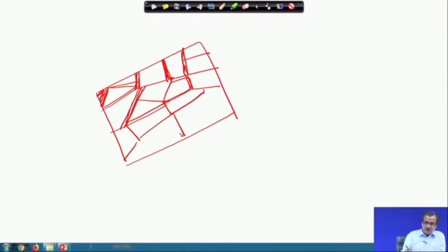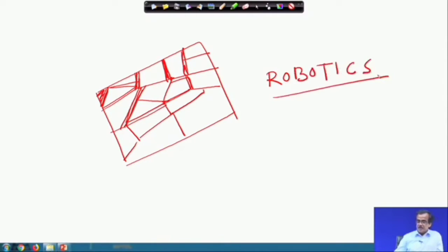If you give this task to the robot, it will first try to find out where the free space is where it can write the word robotics. All such letters I will have to write.